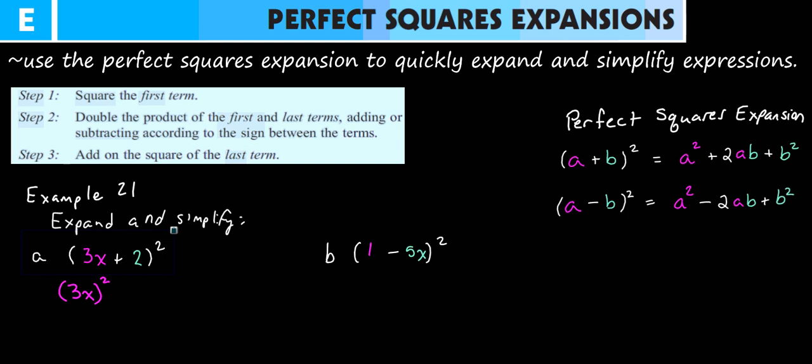So 3x squared. I've got an addition sign here, so I'm going to put an add sign. So we're going to have plus 2 times 3x times 2 squared. Different 2. This is the 2 right here. Okay.